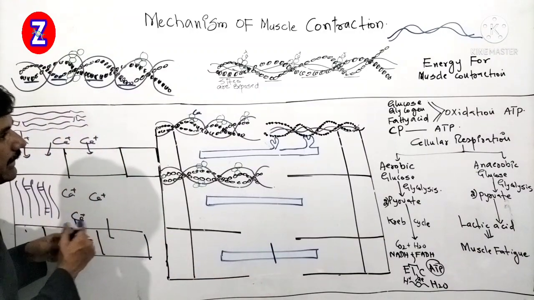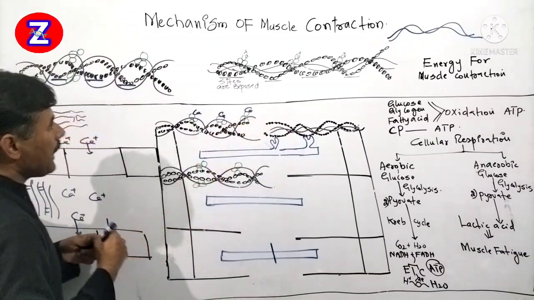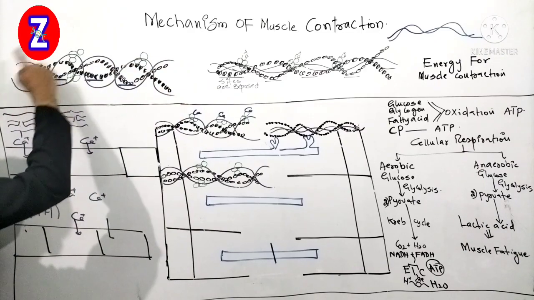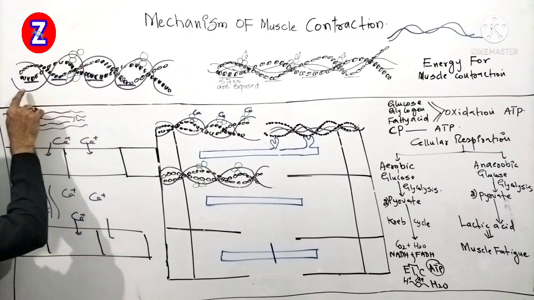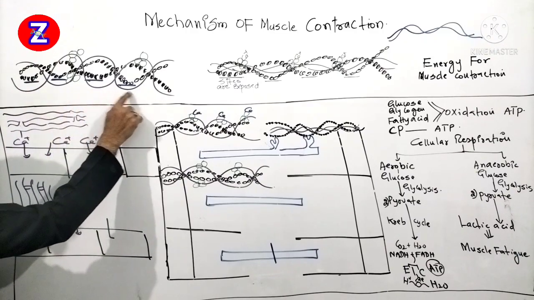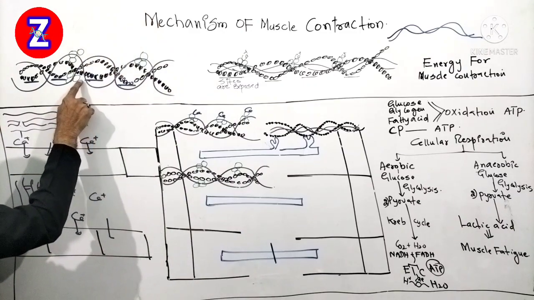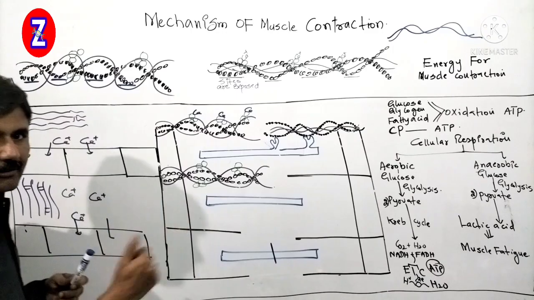Calcium is released, and calcium binds to this structure of troponin. And we have drawn this structure. This is where the actin is surrounded by tropomyosin, and these are the sites of actin. And see, these sites of actin are hidden. There is a filament called tropomyosin, and tropomyosin is hiding the sites of actin.